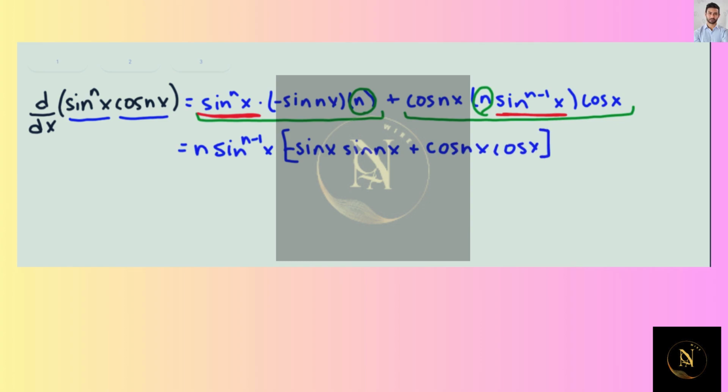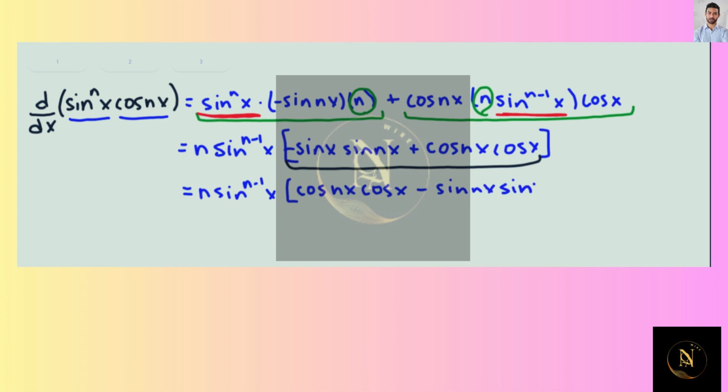Okay. Now I'm going to rearrange that last quantity a little bit. I'm going to write it as cosine nx times cosine x minus sine nx times sine x.